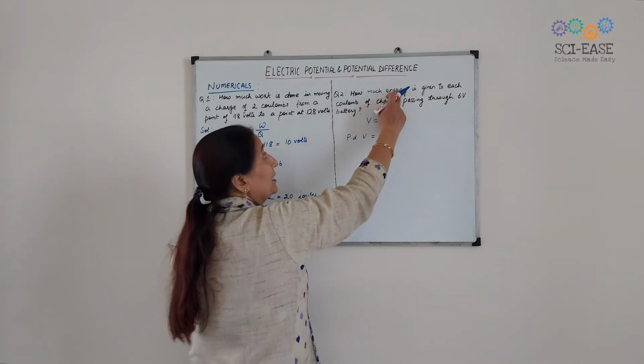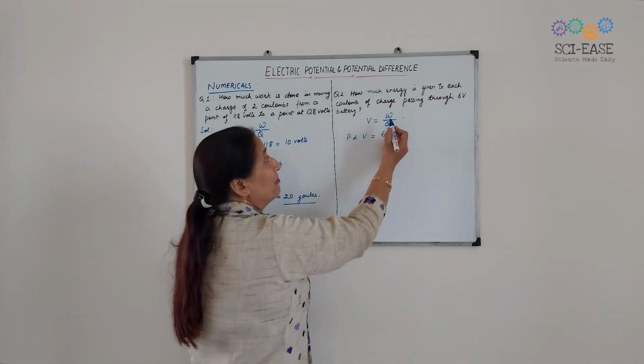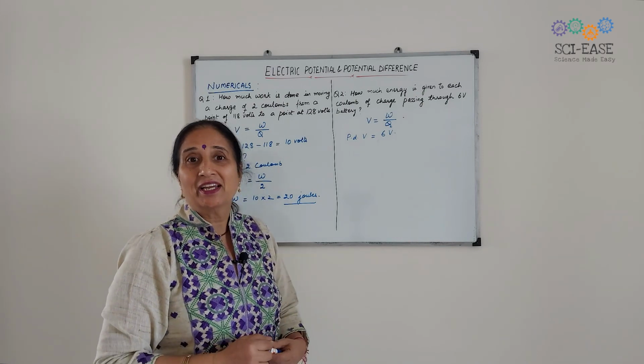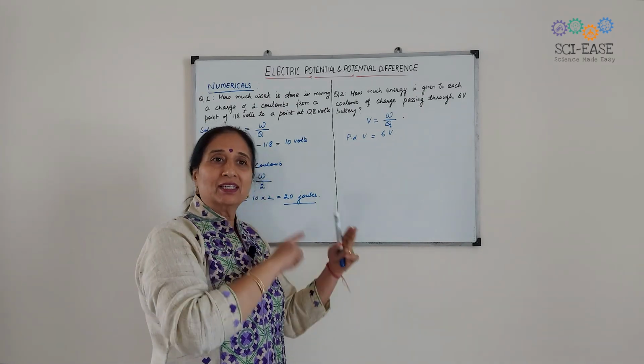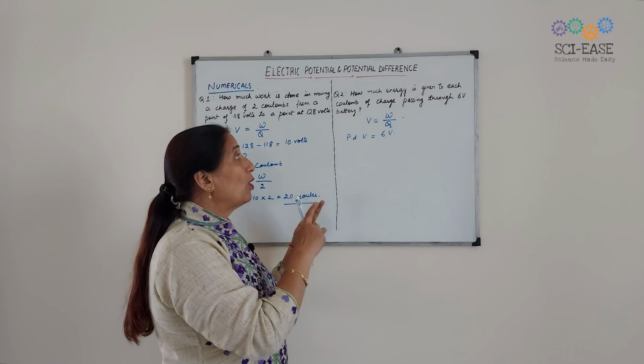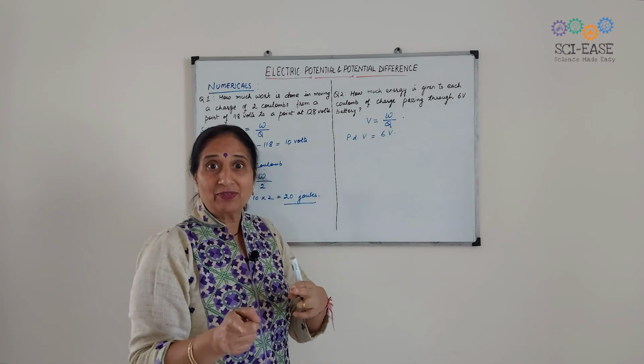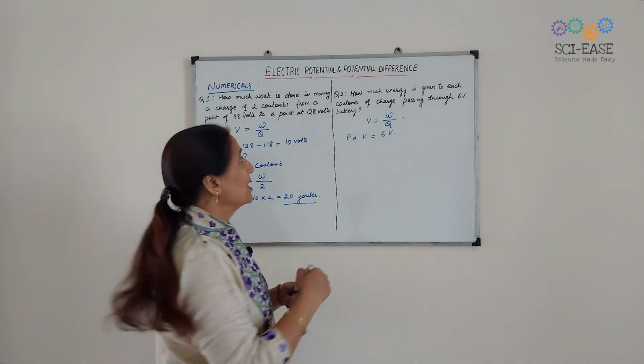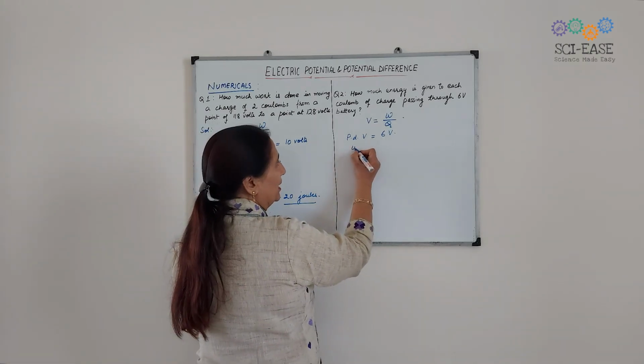Now how much energy? Work done here is equal to energy, whatever the value of W that will come will be the energy. So we are to first calculate W here.